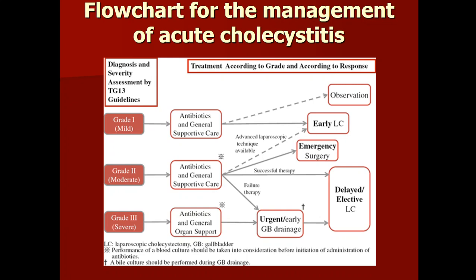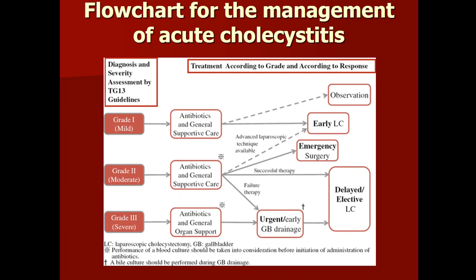So, on this flow chart, you may see that if we have mild acute cholecystitis, antibiotics and general supportive care may lead to observation of the patient, or the better way would be early laparoscopic cholecystectomy. If we have grade 2 or moderate acute cholecystitis, we will also begin with antibiotics and general supportive care.